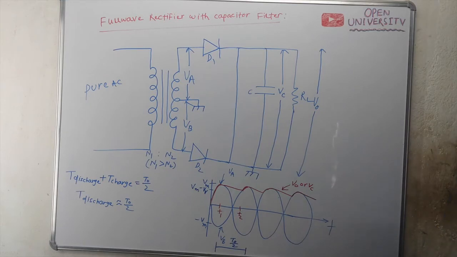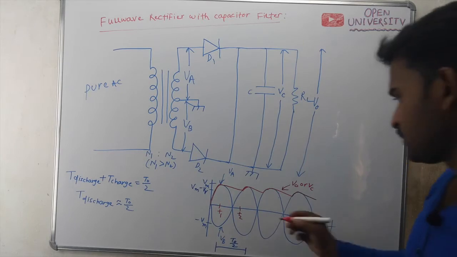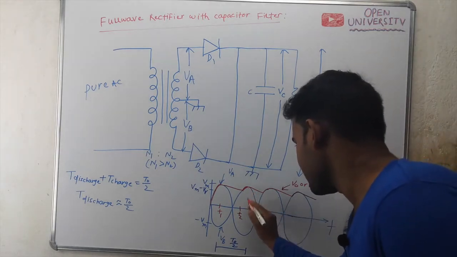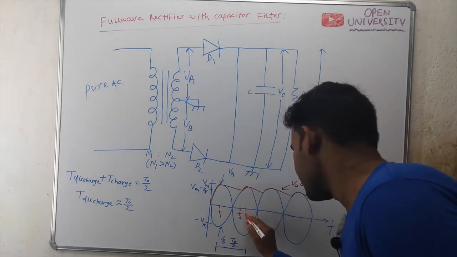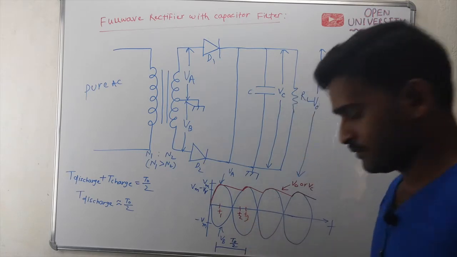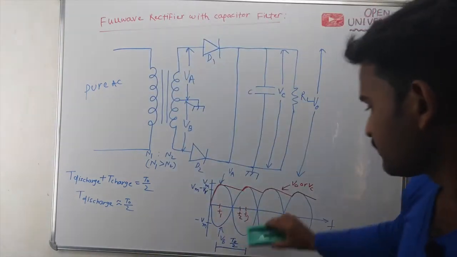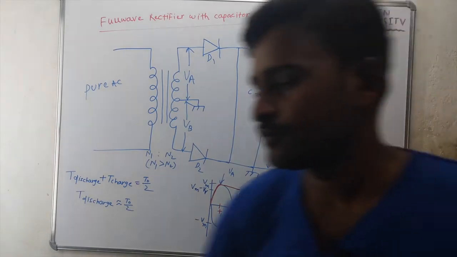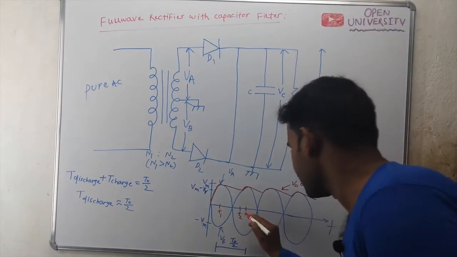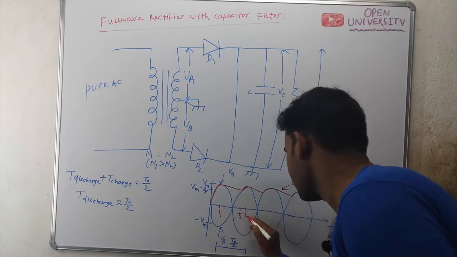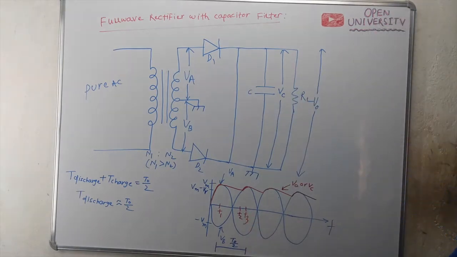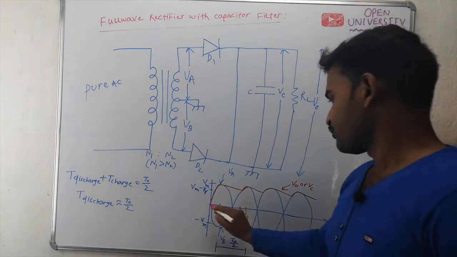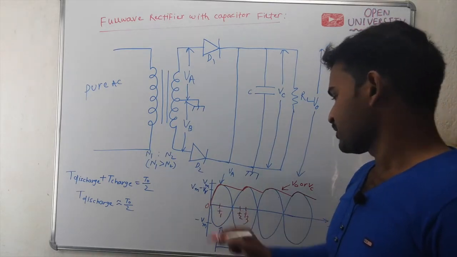At this time, let the time be t3. This is your t3, and this is your 0.